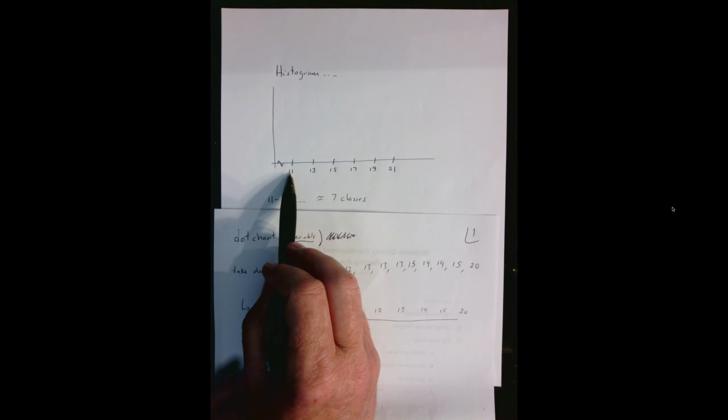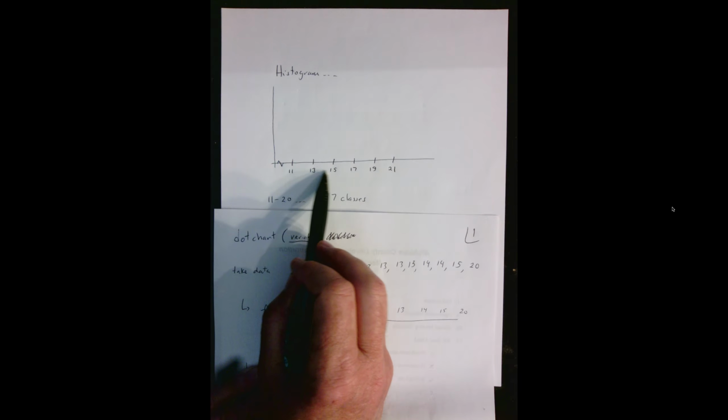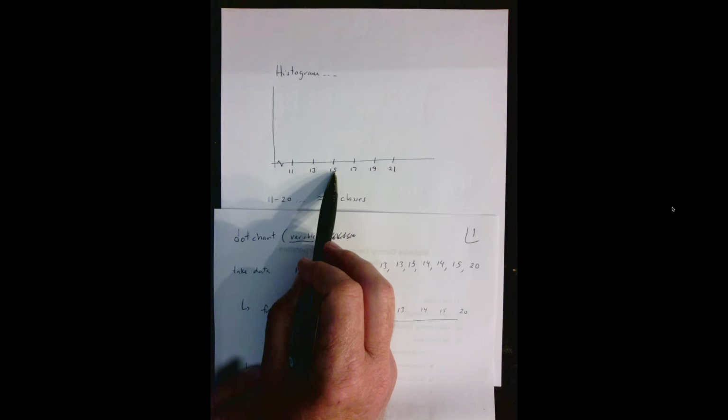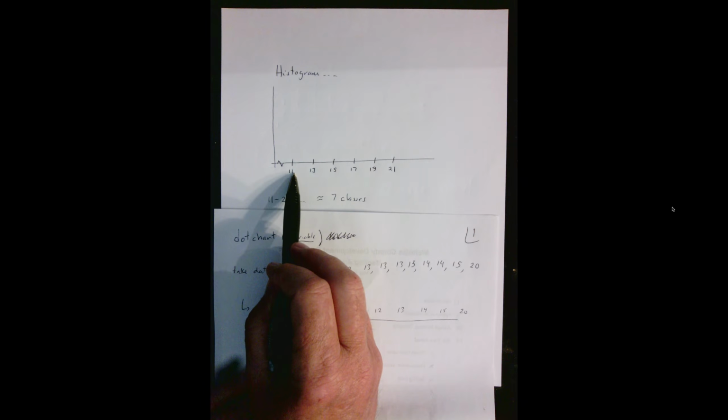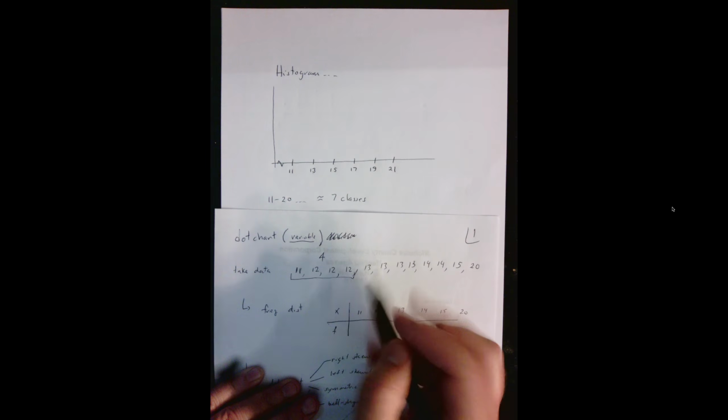This means that we start at 11 and go up 2, but not including 13. This would be 13 and 14 up to 15, but not including 15. So from 11 to 13, we need to see here that we have 4 pieces of data. From 13 up to 15, but not including 15.